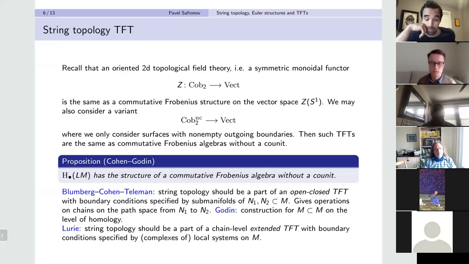Exactly. And Lurie's, I don't remember, but at least the original versions required that you have a fully dualizable object. Yeah, I'll be talking about literally that.